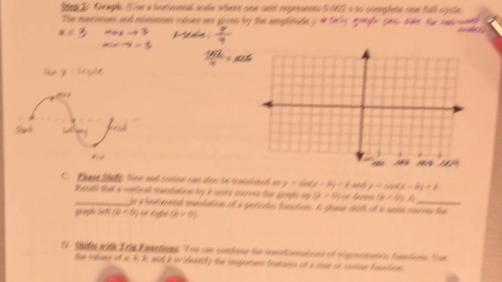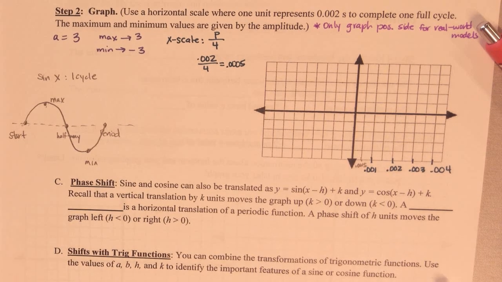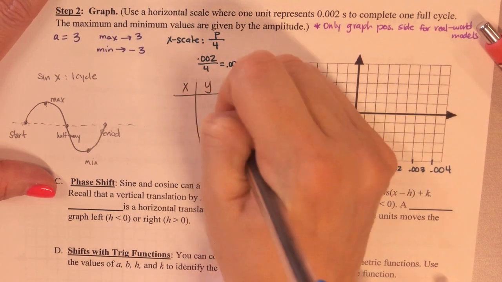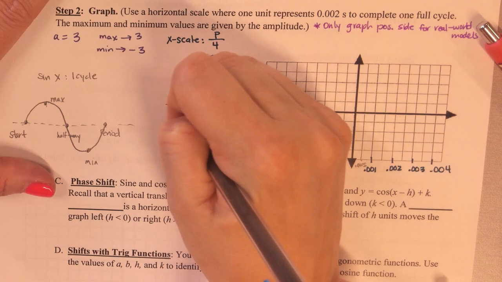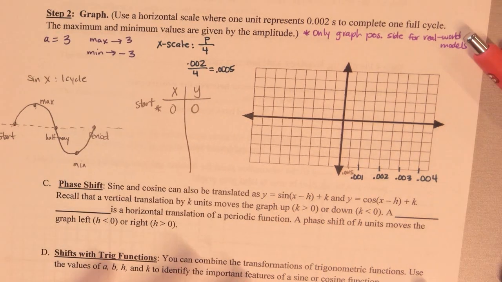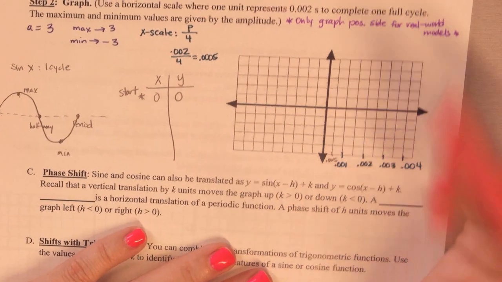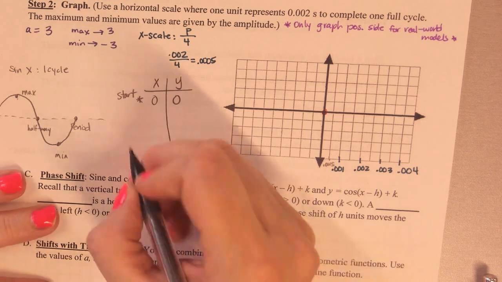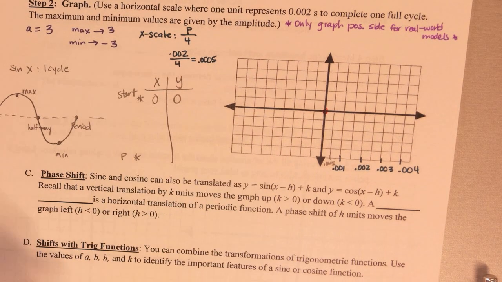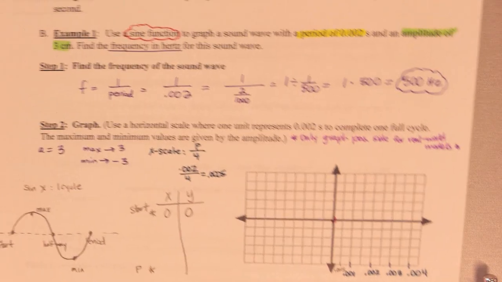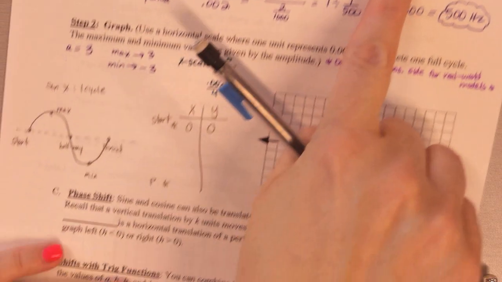Okay? Alright, now for this one in particular, we're going to follow the same type of pattern. Okay? So we're going to start at 0. This is your start. And when you start at 0, your ending point is at 0. And you guys can use a pencil. I'm just using this so that you can see it better. Alright, so you start at 0, you end at the period. So what is the period for this case? You need to look back up. Yep, period is 0.002.